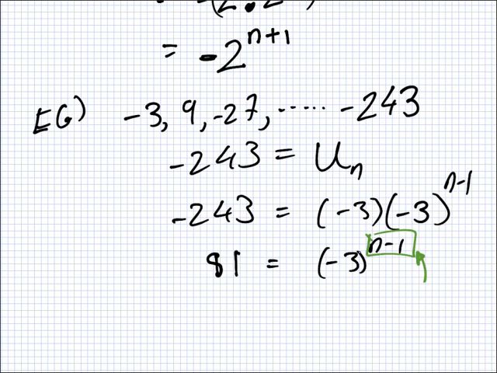Well, it has to be even because you have a negative to the power. So you actually know that n minus 1 must be an even number. It's the only explanation for how the minus disappears on the left. So if n minus 1 is even, then what do you know about n? N must be an odd number. But anyways, that's not necessary to know that.